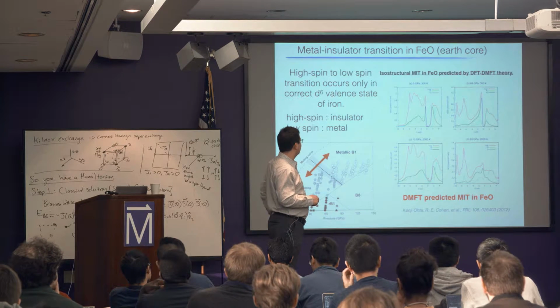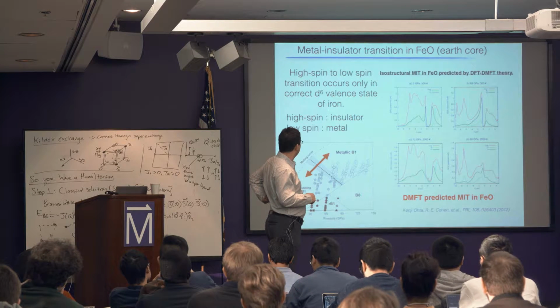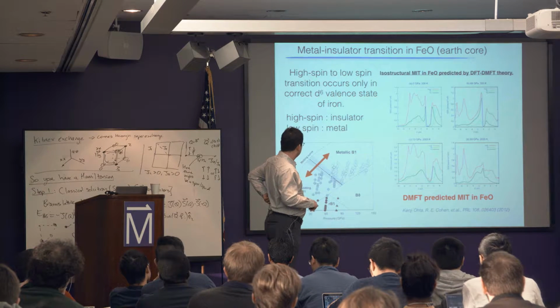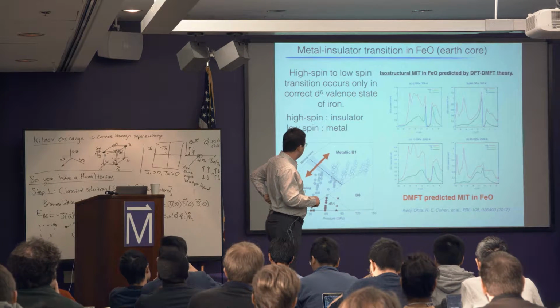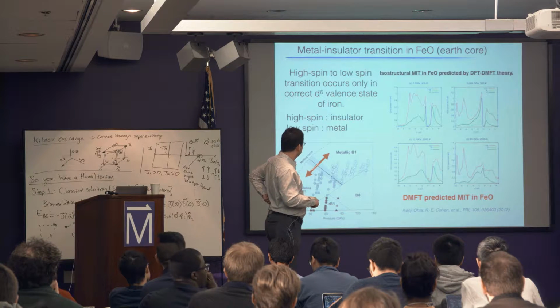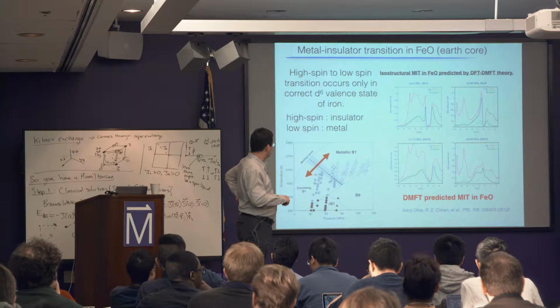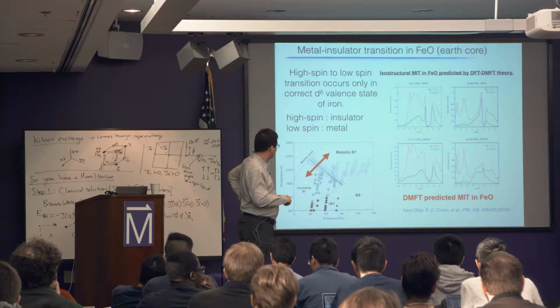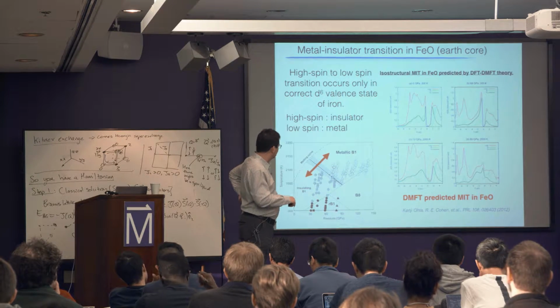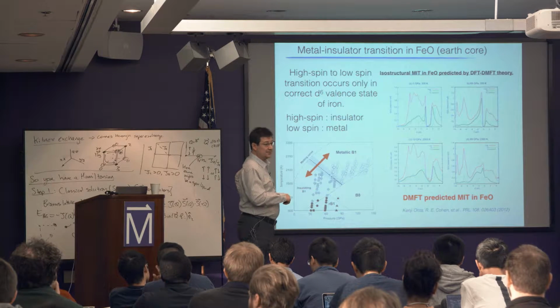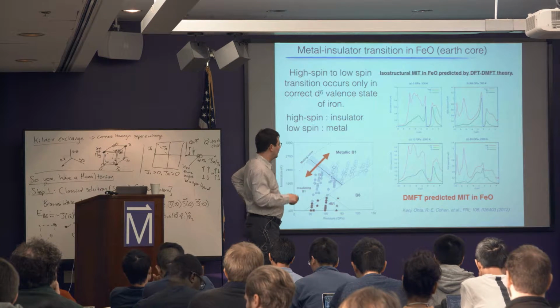So this is an example of a calculation for iron oxide, in which we predicted the metal insulator transition, basically from its isostructural or insulating B1 state goes from an insulator to a metal at high enough pressure and a high enough temperature. And that's important for the Earth core.